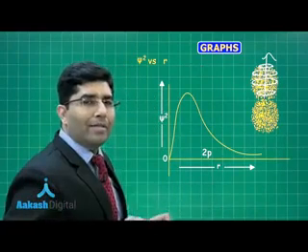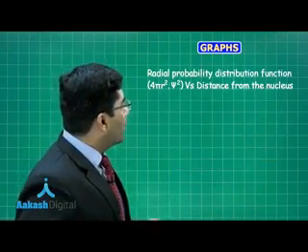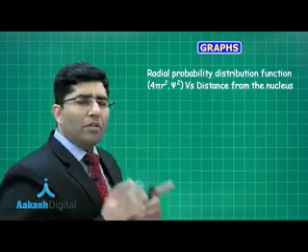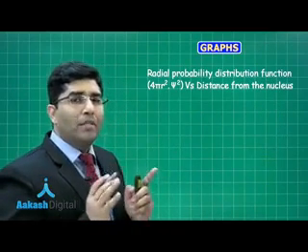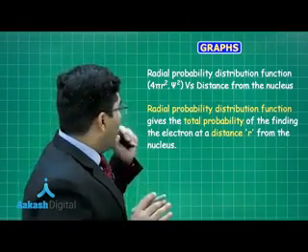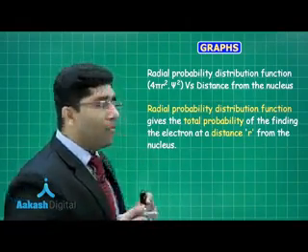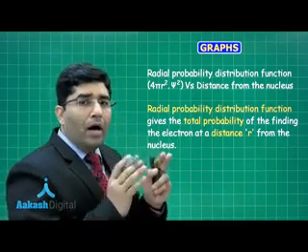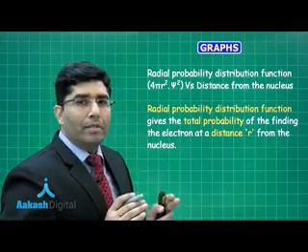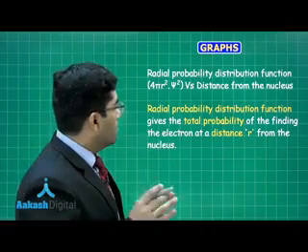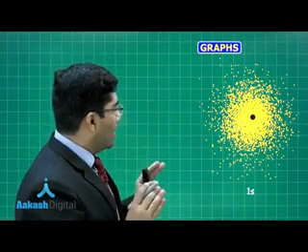Now let's discuss the graphs of the probability distribution function. First we have to know what the probability distribution function is. The radial probability distribution function gives us the total probability of finding the electron r distance away from the nucleus. This is 1s.